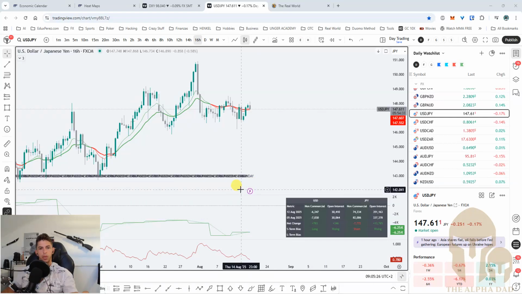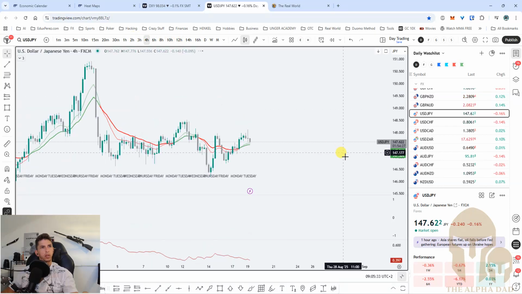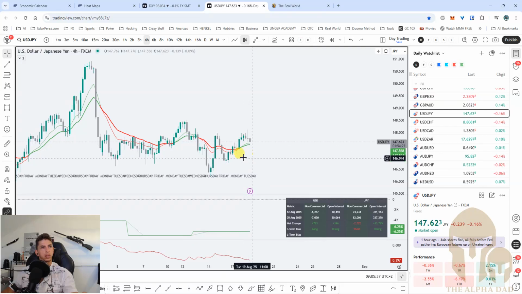Let me see something. We need a break of market structure as we are doing higher highs and higher lows. So for the moment, I don't. This could be a sweep of this high.